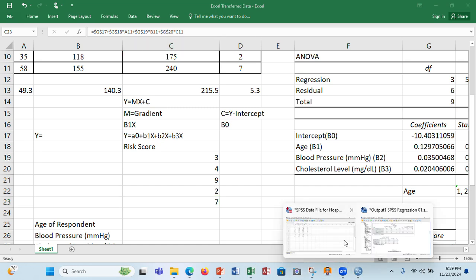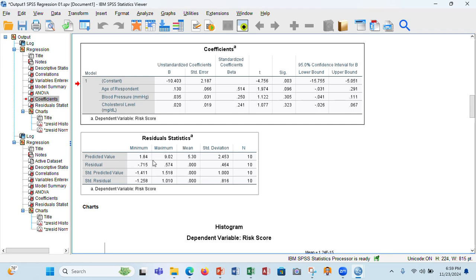This is exactly the story that is here in these coefficients.